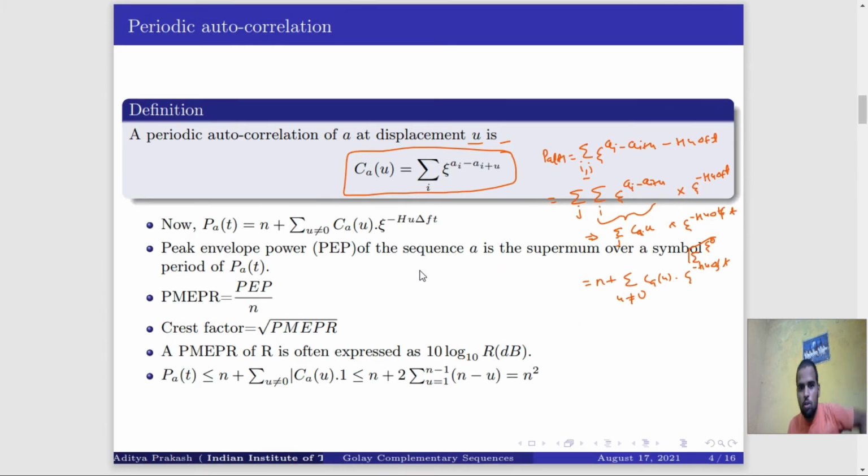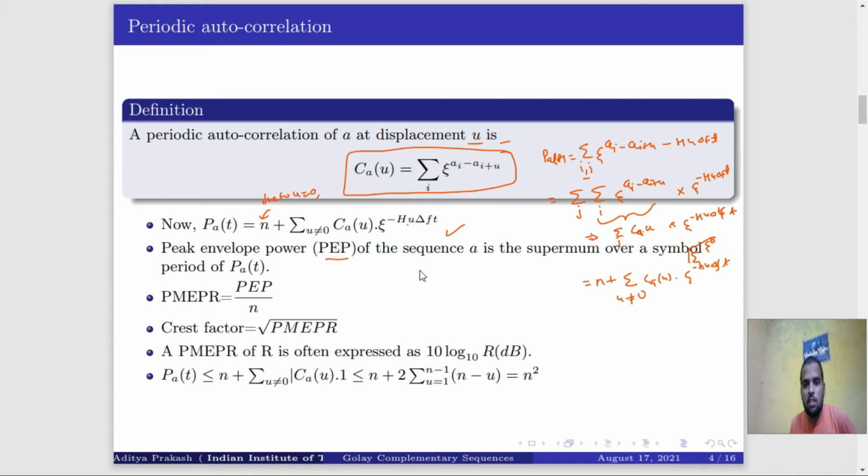Simply when U is equal to 0, J to the power 0 is equal to 1, and the summation means the total n elements, so n into 1, that means the total value will be n. So when U is equal to 0, its value will be n, and then I extract it outside: n plus summation over U not equal to 0 of CAU times J to the power minus HU delta FT. Got my point? How did it come? N is due to U equal to 0.